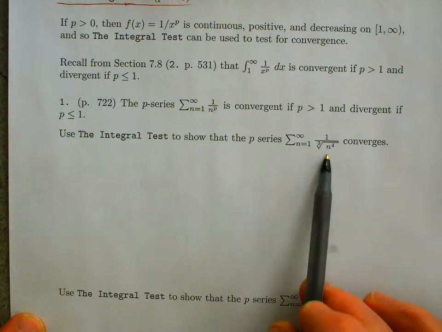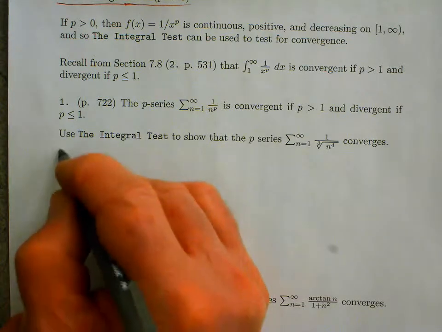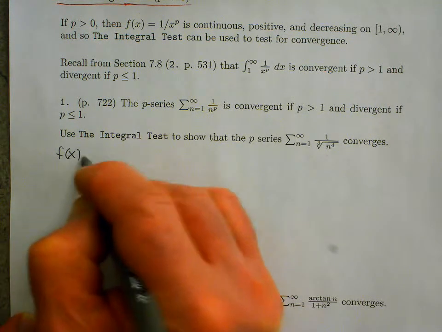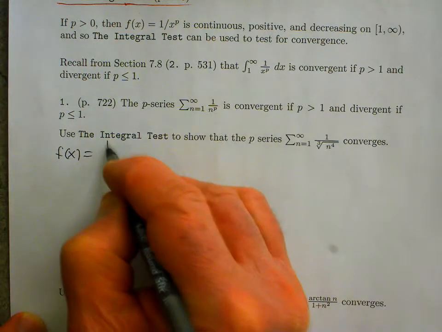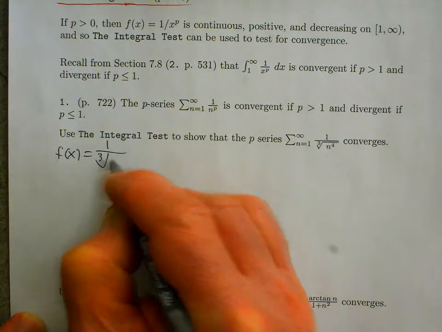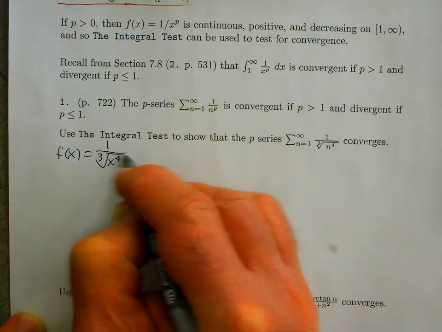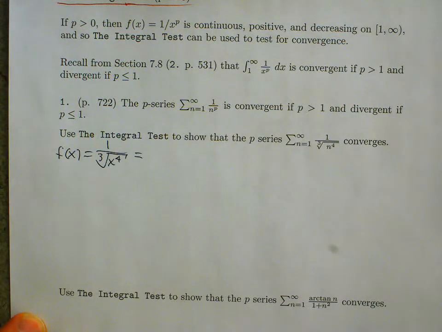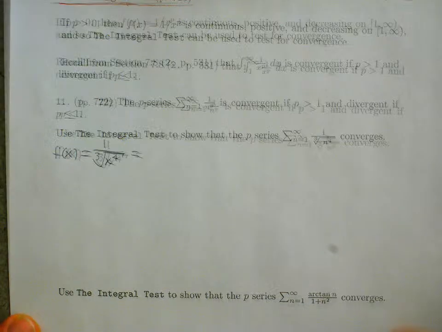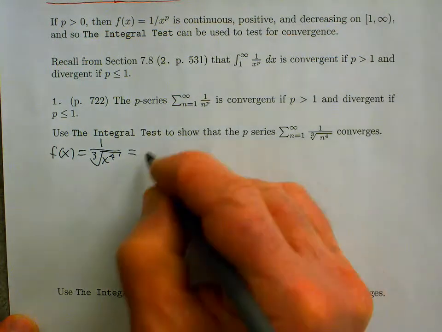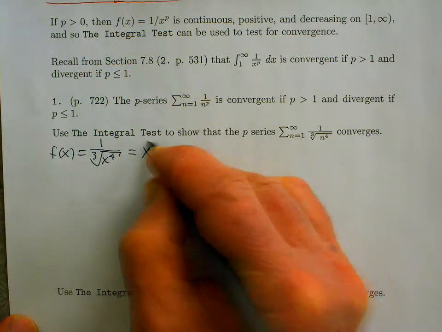Okay, so the corresponding function f of x is 1 over the cubed root of x to the 4th. And that can be written as x to the negative 4/3.